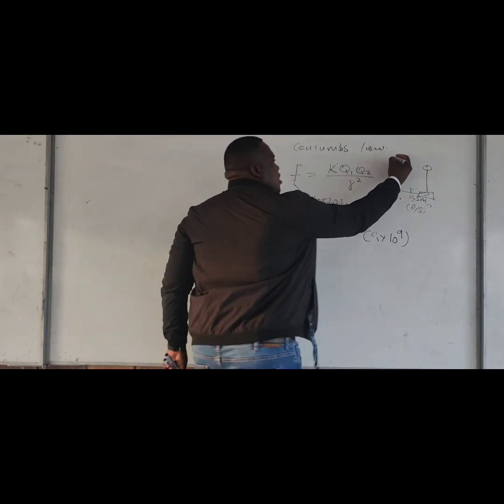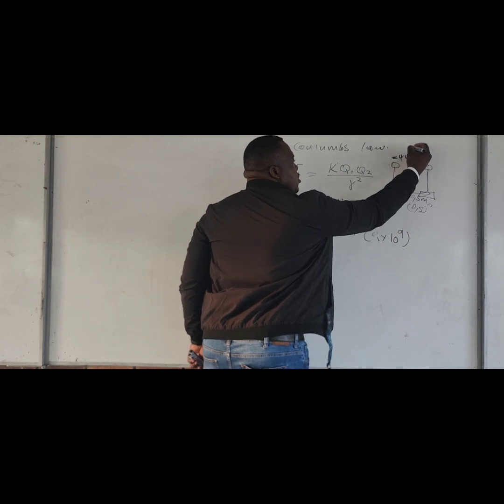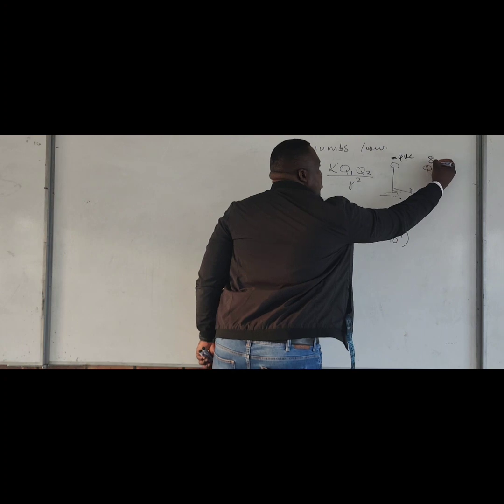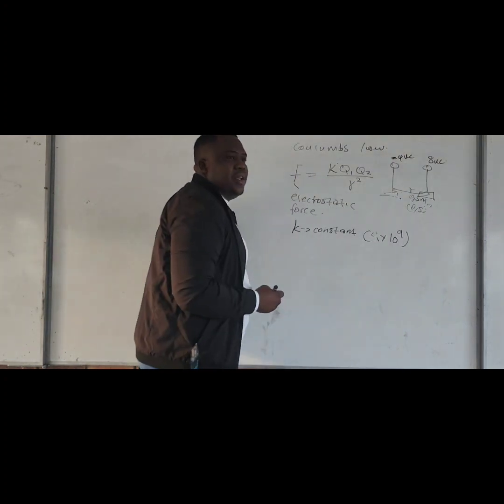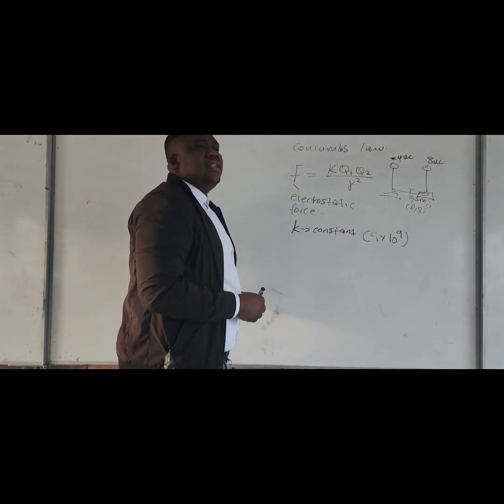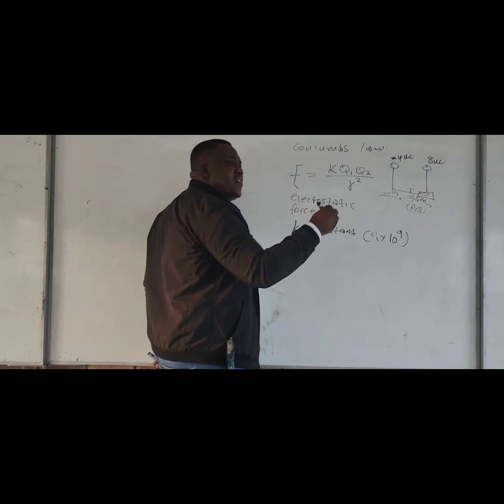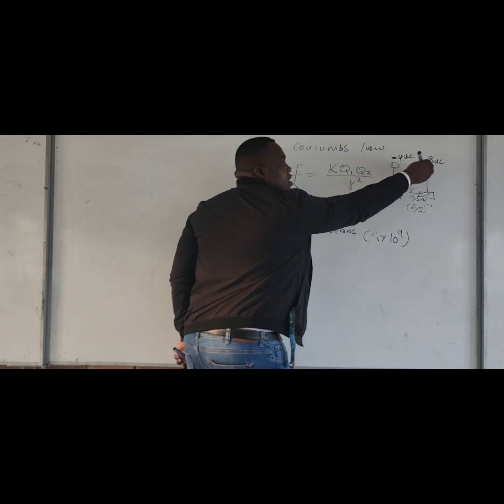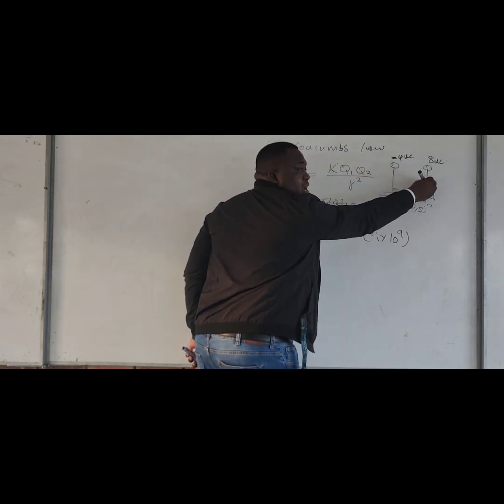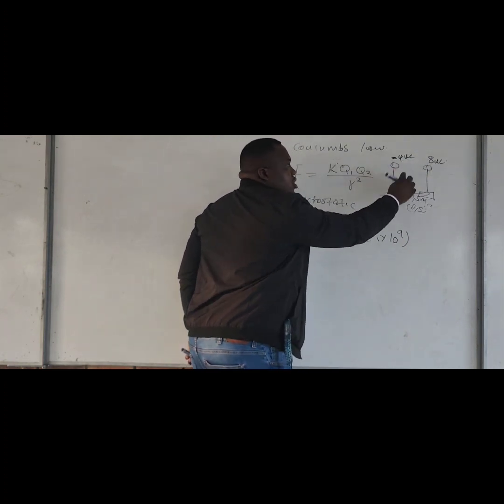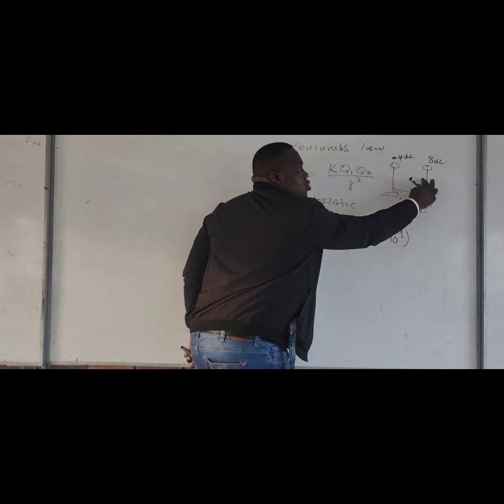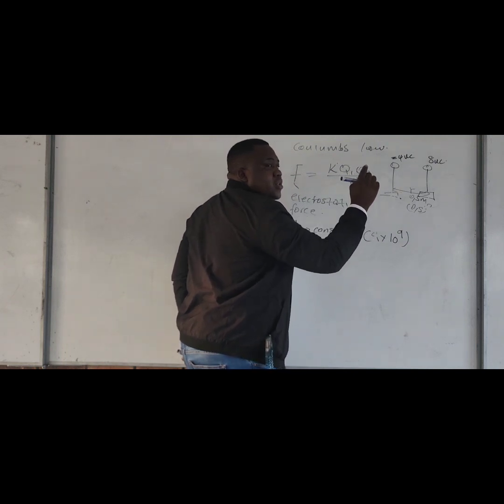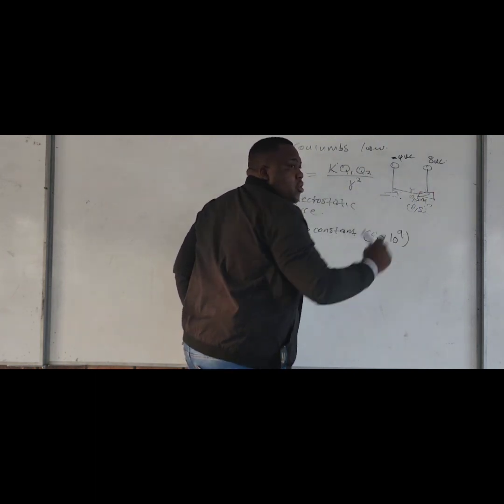This charge is -4 µC. Then this one is 8 µC. What does it mean? It means that the magnitude of the electrostatic force exerted by this point charge on this point charge is directly proportional to the product of the 2 point charges, and inversely proportional to the distance between the 2 point charges.